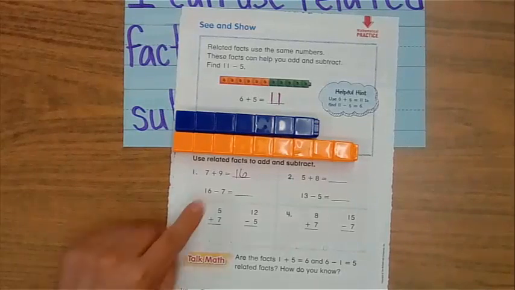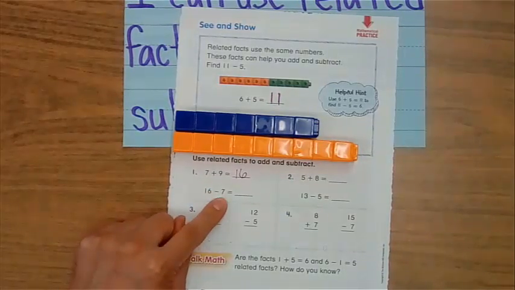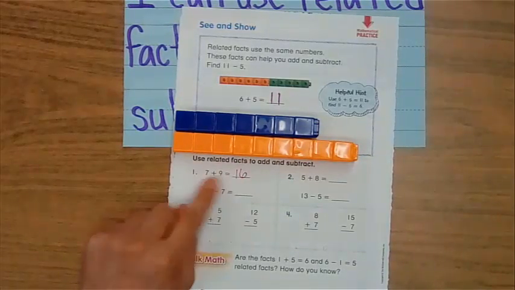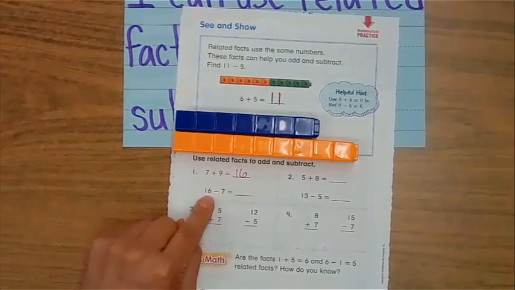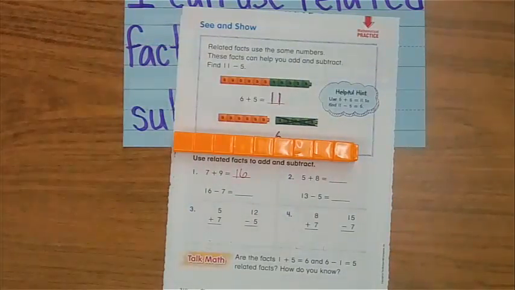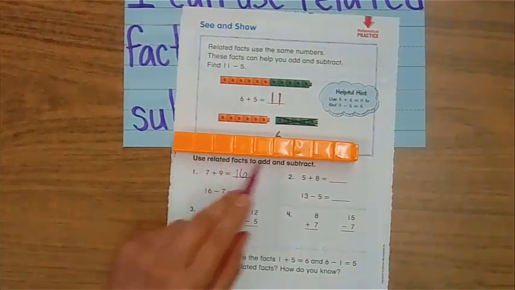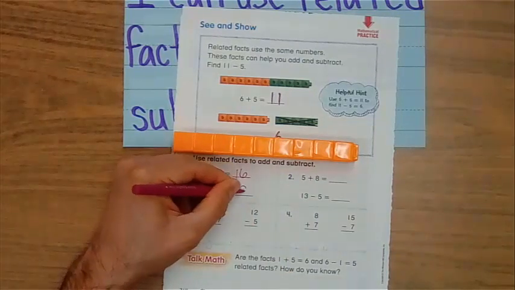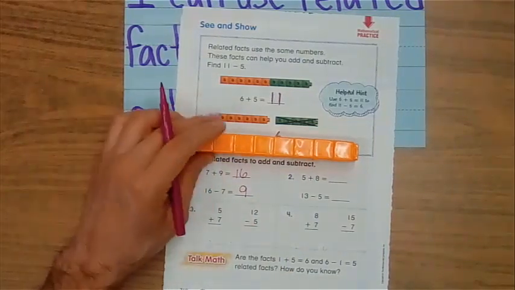So now, 16 minus 7. So 16 minus 7, let me take 7 away. How many am I left with? I'm left with 9. Okay, so I could do that.